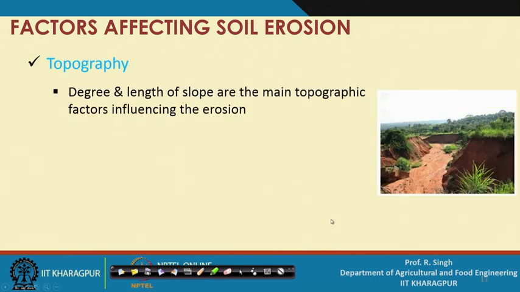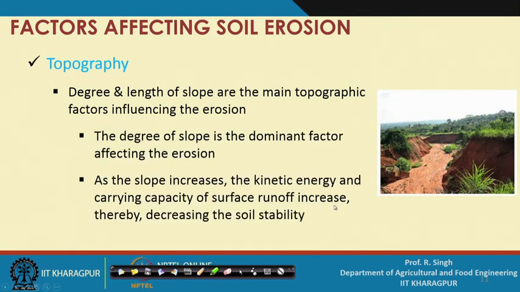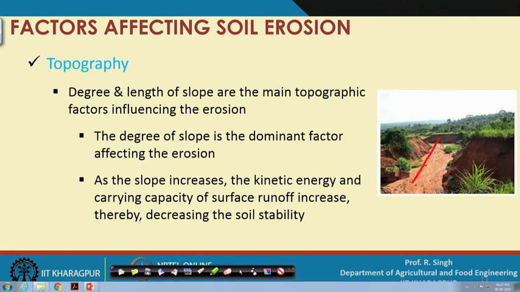The next factor is topography, and degree and length of slope are the main topographic factors that influence the erosion. The degree of slope is the dominant factor that affects the erosion, for the simple reason that if the slope is more, then obviously the velocity of flow will be more, and a higher velocity of flow means the kinetic energy of the flowing water will be more.